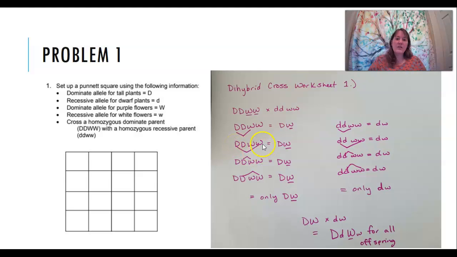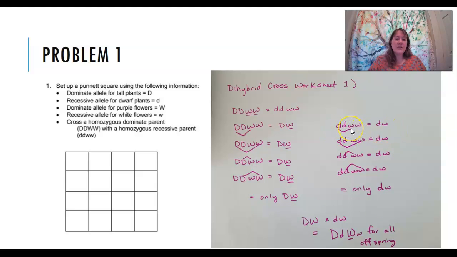Then we take the first D again and cross it with the second option, which is also big W, so we get another big D, big W. Then we get the inner D and the inner W, and we cross the inside big D with the second W. So it turns out we only have the big D, big W option from this homozygous dominant parent. That's all that parent has to give to 100% of its gametes.